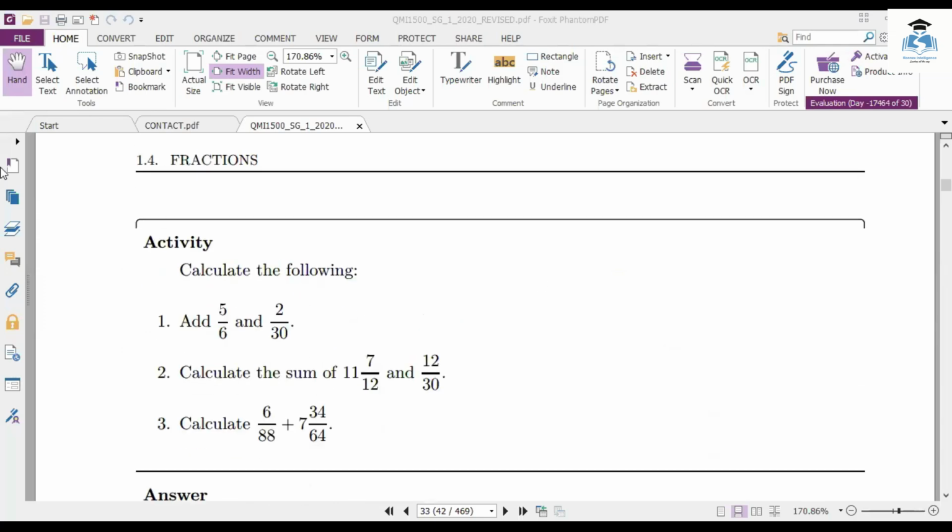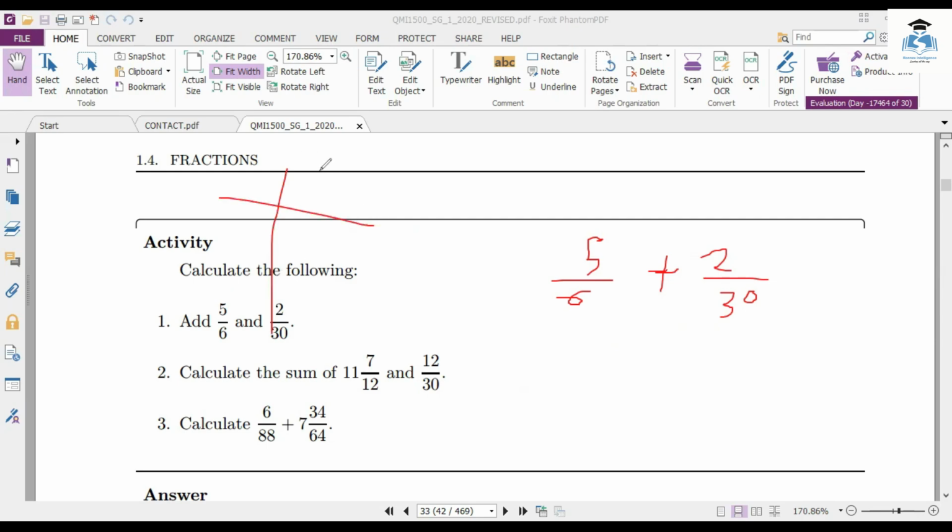Okay. For those who want to do it manually, 5 over 6 plus 2 over 30. So what you look for is what they call the lowest common multiple. The lowest common multiple, you use the same method that we used when we were calculating. So you look for the prime factors.